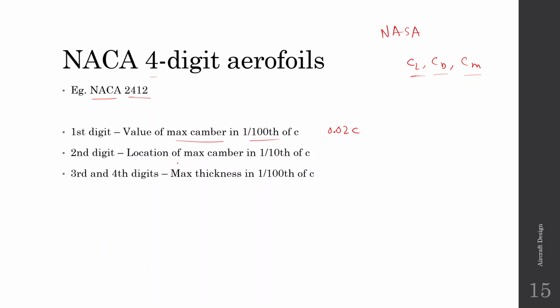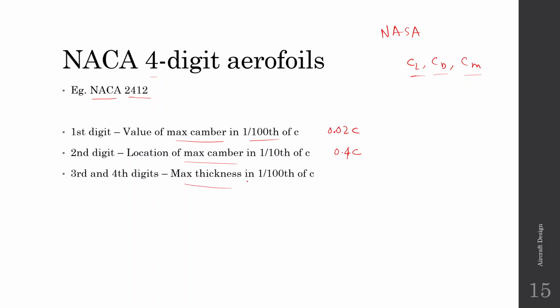The second digit gives the location of max camber in 1 by 10th of C. The second digit is 4, so it gives the max camber location as 0.4 C.